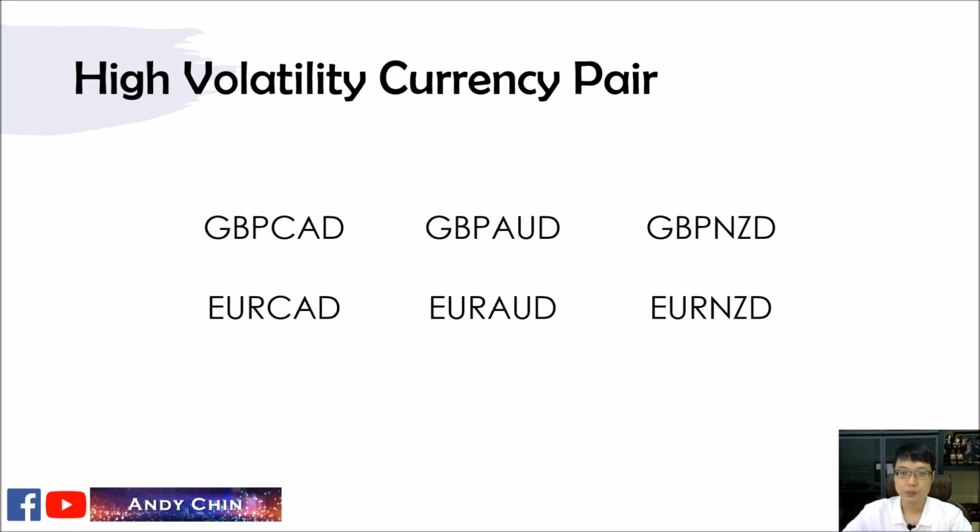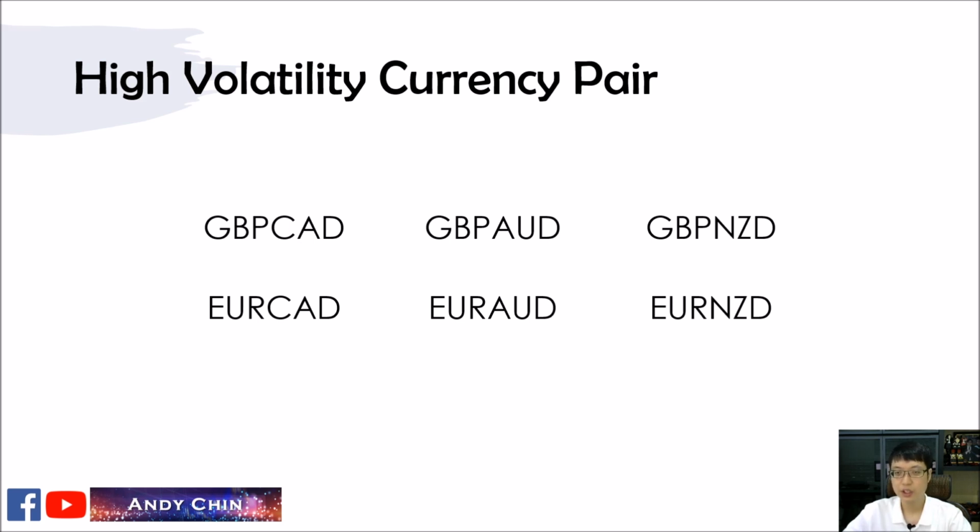High volatility currency pairs, in this category we have 6 of them. We have the British pound against Canadian dollar, British pound against Australian dollar, British pound against New Zealand dollar. Next we have Euro against Canadian dollar, Aussie dollar, and even New Zealand dollar.